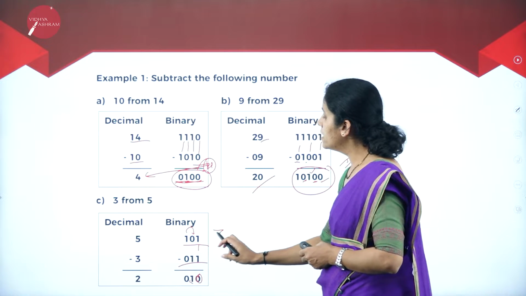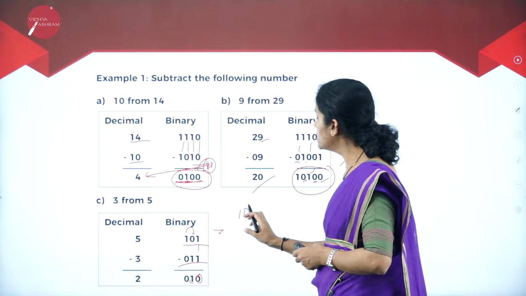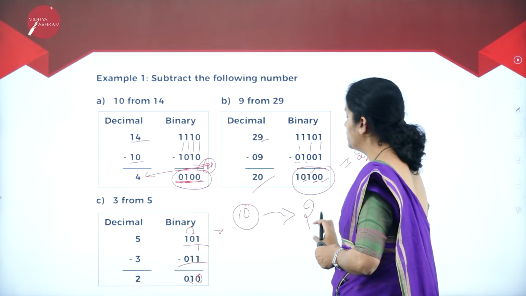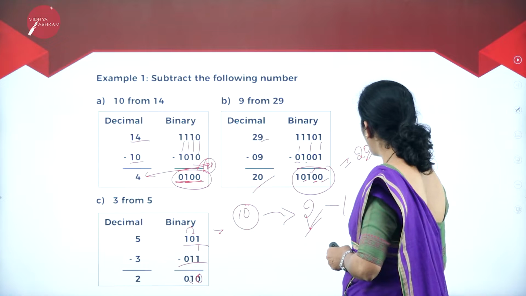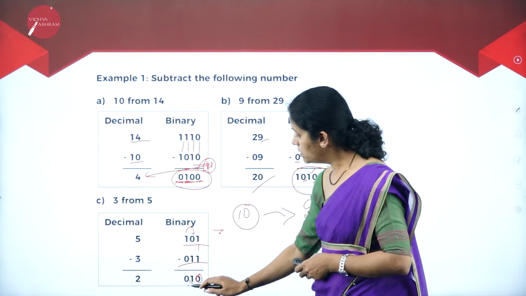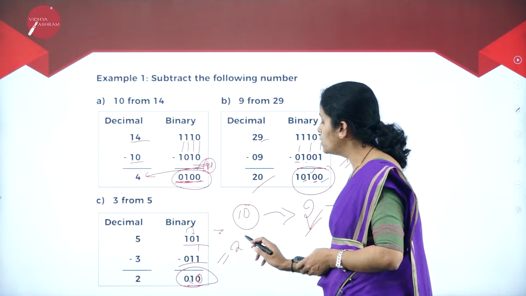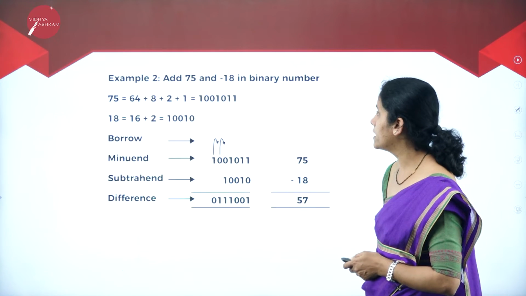That means if I get the borrow, then it will become 1, 0. So 1, 0 is nothing but 2. So 2 minus 1, it is 1. So directly I can write 1. So if I convert this binary to decimal, then it is 2, here it is 2. Both are same and it is correct.